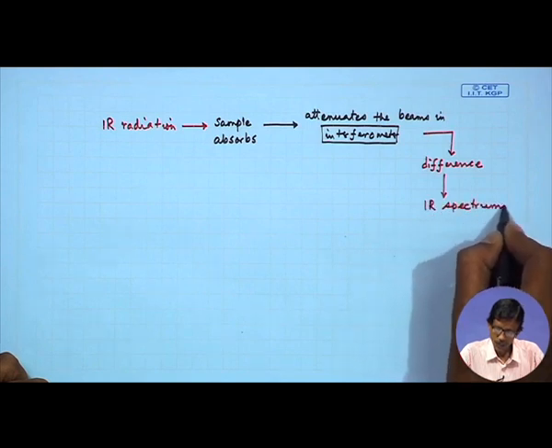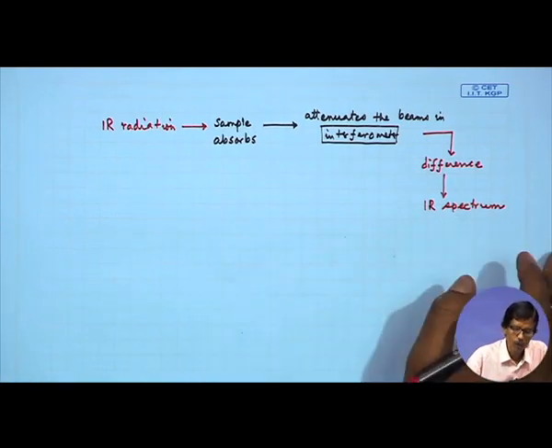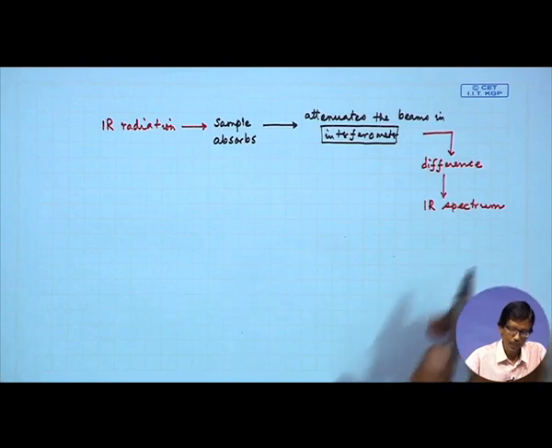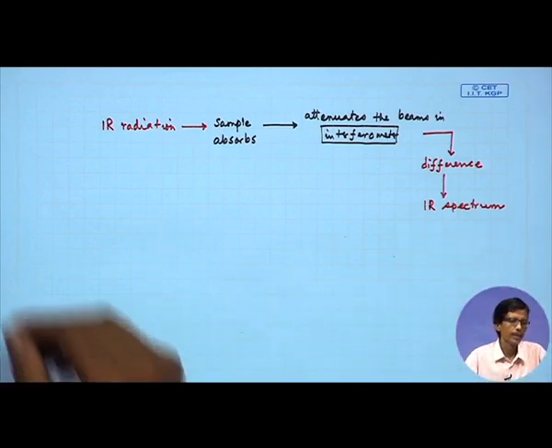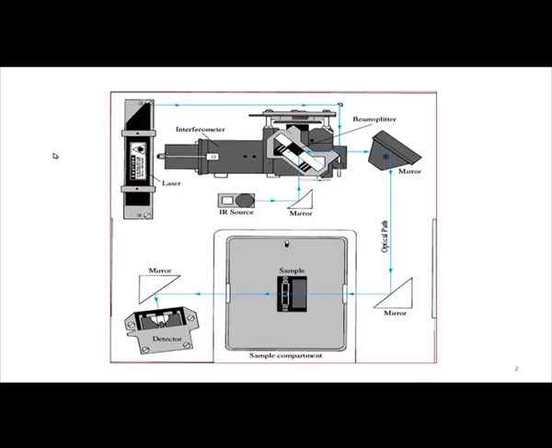So, finally, we get that particular IR spectrum. The whole instrument and how we use it in a stepwise manner can be seen through this block diagram of the instrument.